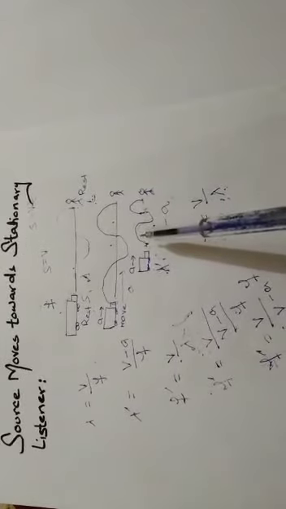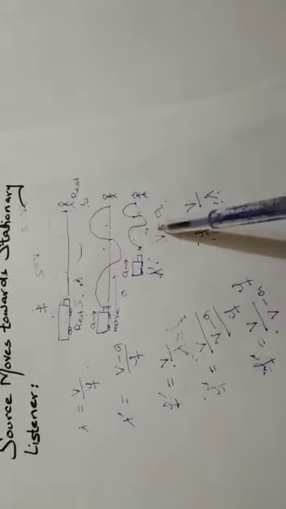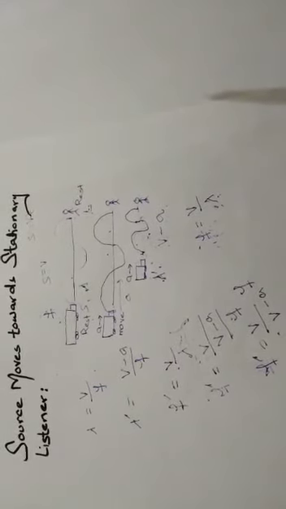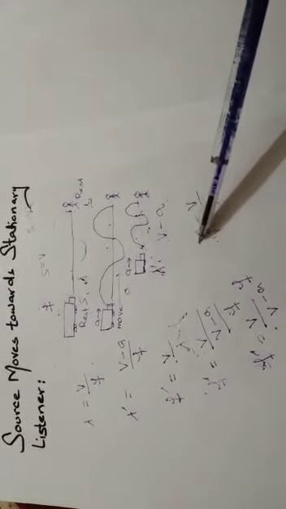So when the sounding source moves towards the stationary listener, then the frequency of the sound generated by the sounding source increases. When frequency increases, then pitch of the sound also increases. Pitch is actually the shrillness of the sound, meaning whether the sound you have is a shrill sound or a heavy sound, okay. And the pitch, meaning the shrillness of the sound, depends directly upon frequency, and inversely upon the wavelength.